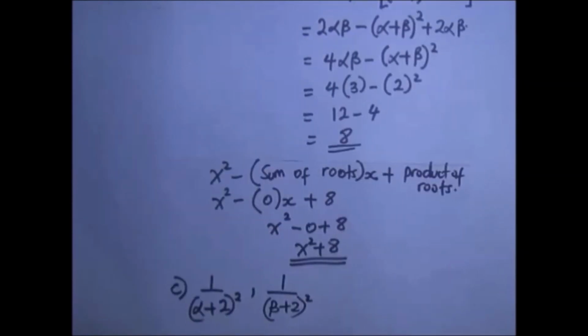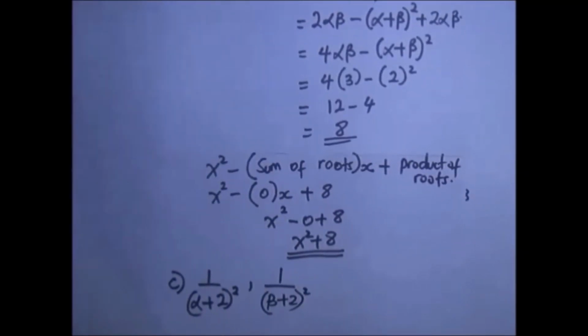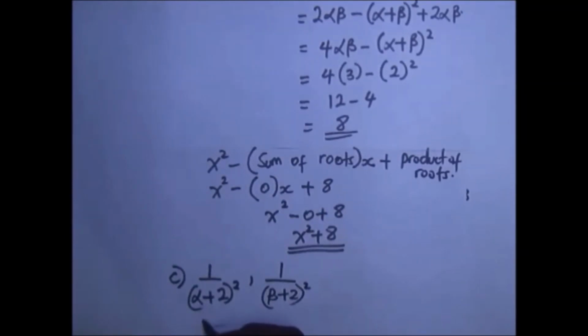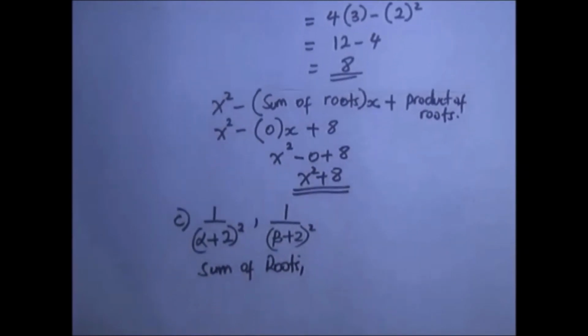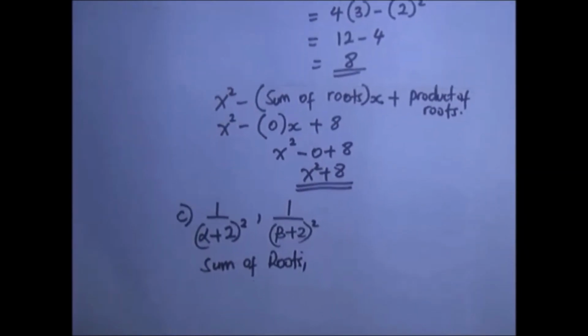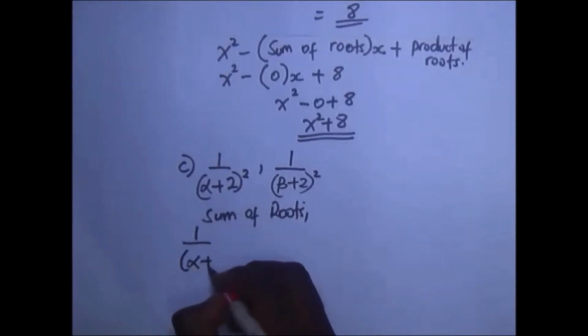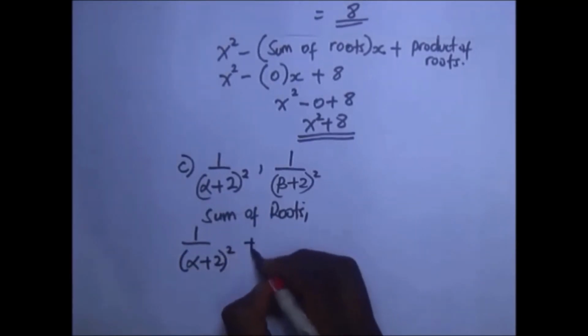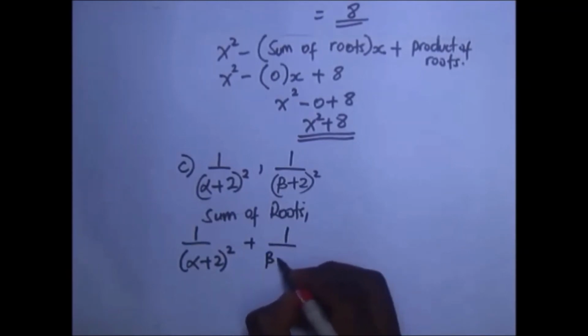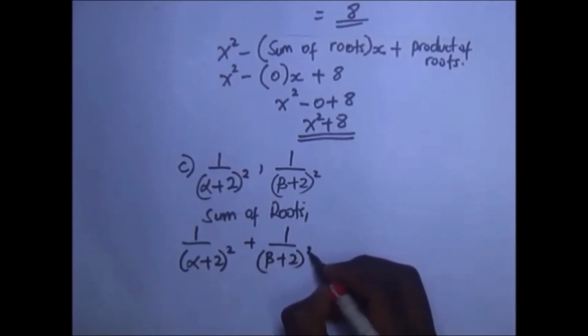We are supposed to find the sum and the product of these two roots. So let's first find the sum of the roots. Finding the sum of those roots is going to be 1 over alpha plus 2 squared plus 1 over beta plus 2 squared.